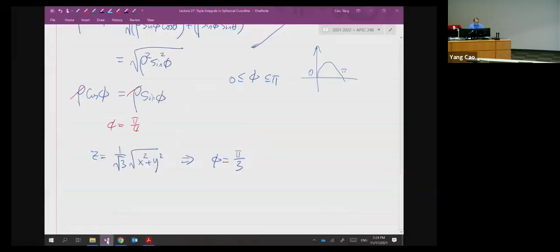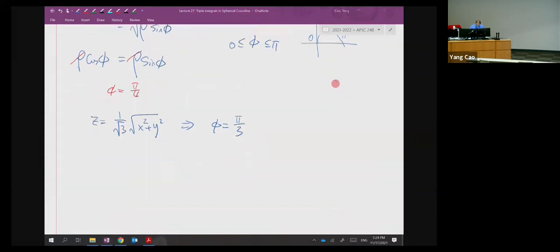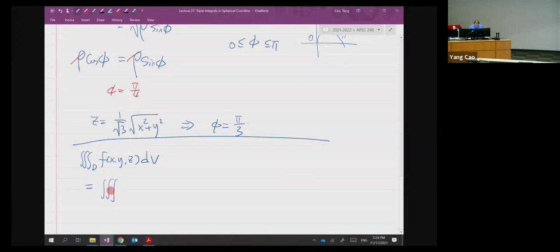All right, so let's get back to the triple integral. The idea is we want to calculate the triple integral using spherical coordinates. This is the original Cartesian triple integral, but I'm not going to do it in Cartesian anymore; we want to calculate everything using spherical.